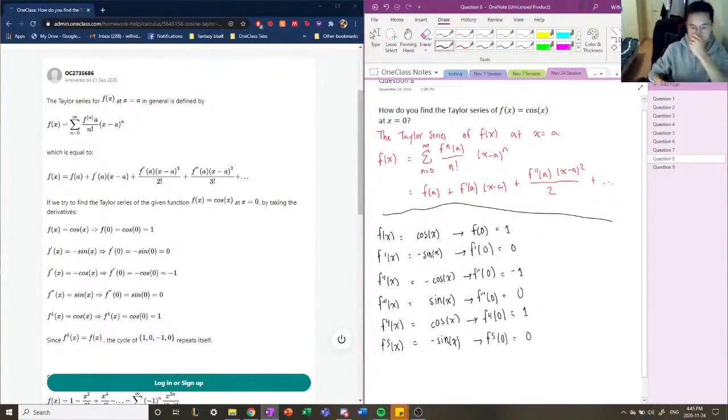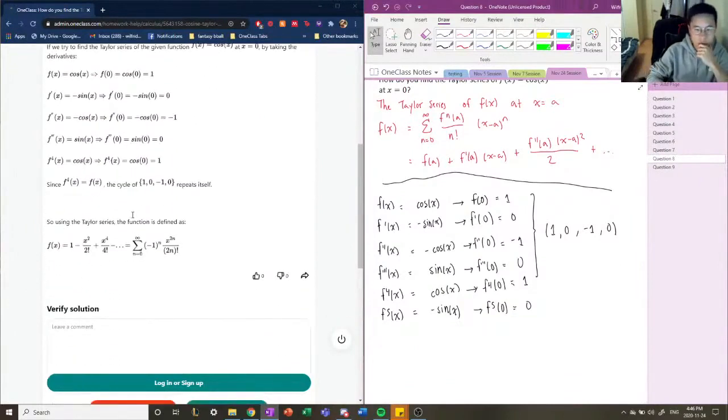If we kept going, we can recognize that there's a pattern here. The coefficients of the derivatives form an alternating sequence of 1, 0, negative 1, and 0, where the even derivatives have a value of plus or minus 1, and the odd derivatives have a value of 0.